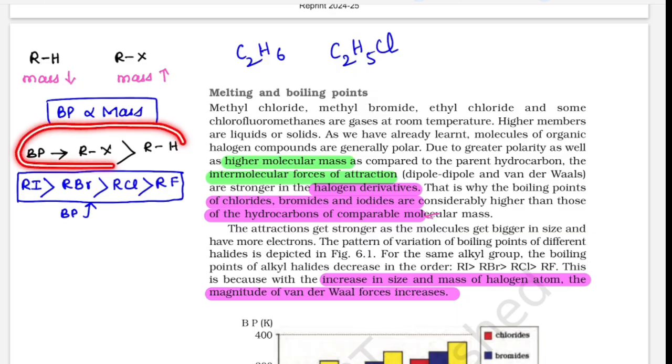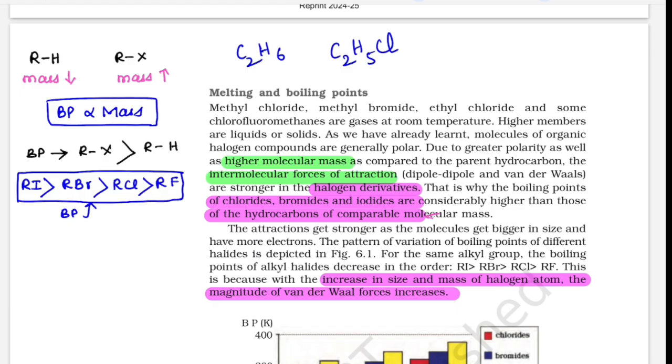So here I have made a note of it, you can see here. And again, if you are comparing the haloalkane where iodine is present, then bromine, chlorine and fluorine. So for iodine the boiling point will be greater compared to bromine, then chlorine and then fluorine. What is the reason for this? Again it is because of mass. You know that iodine has greater mass when compared to bromine, chlorine and fluorine. So because of higher mass, this will have a higher boiling point.